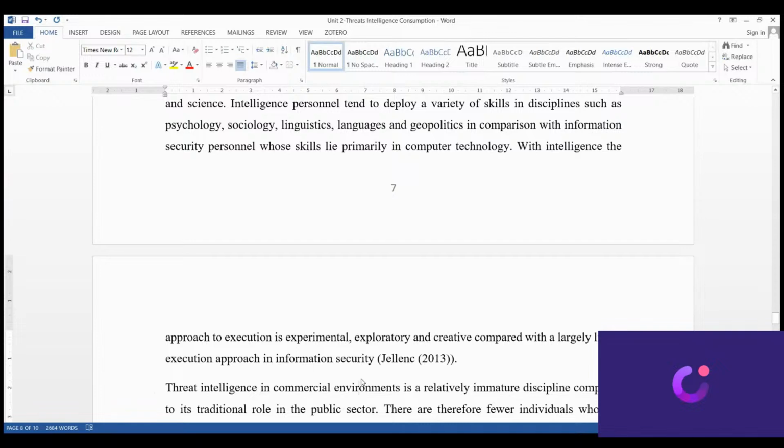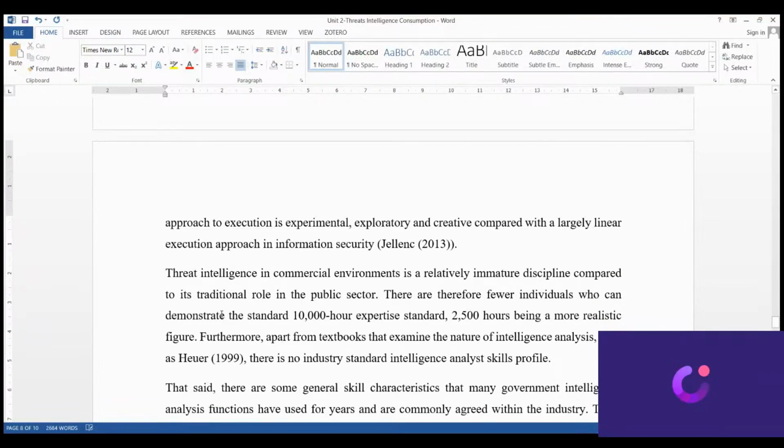So threat intelligence in a commercial environment is a relatively immature discipline compared to its traditional role in the public sector. In business, the aspect of threat intelligence is not that common. It's still being developed.